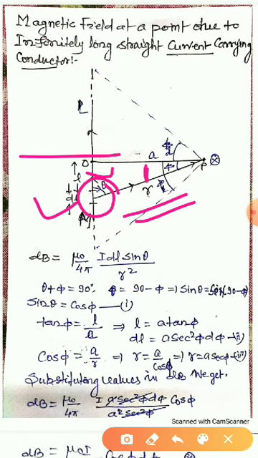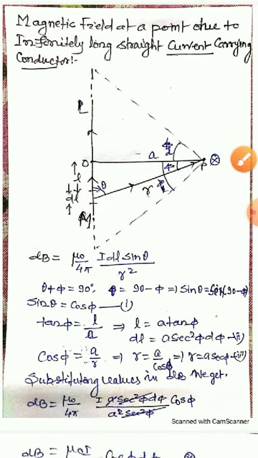So using Biot and Savart law, dB is equal to mu naught by 4 pi I dl sine theta by r square, because the angle between I dl and r is theta. Now in this expression, you will find that more than one variable is present. Here dl is a variable quantity, theta too.